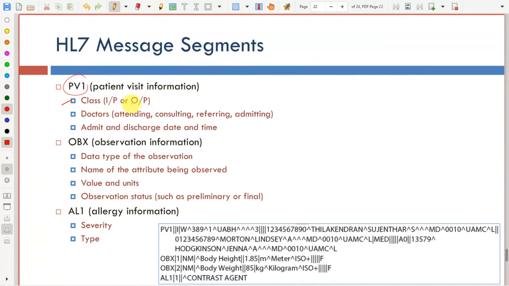So you identify which one of these it is. You also have to identify the doctor, whether it's an attending doctor, the one you actually went and saw. Sometimes you have a consultant as well. Sometimes you have a referring doctor, when you are referred to that doctor by another doctor, and you might have that doctor's information there.